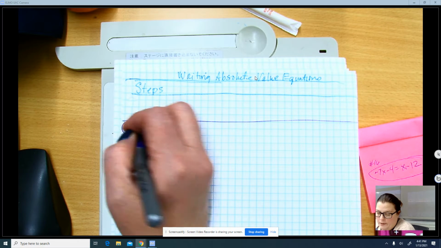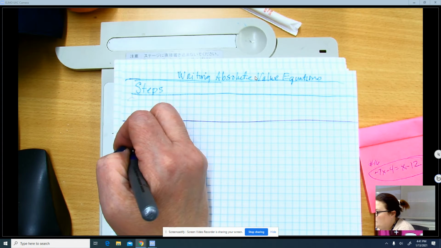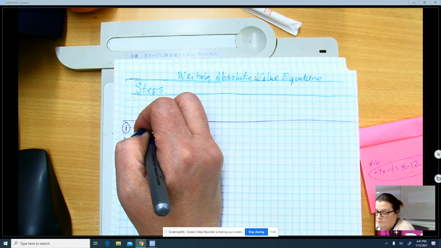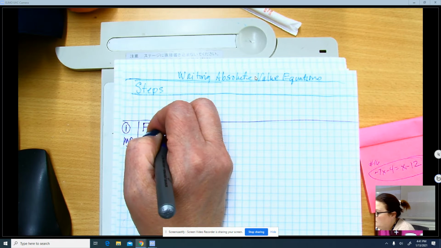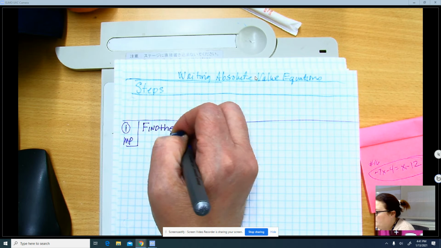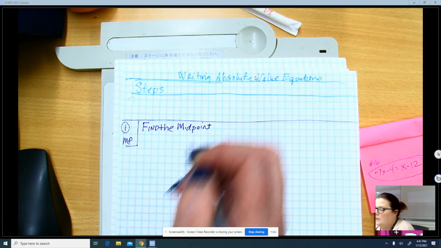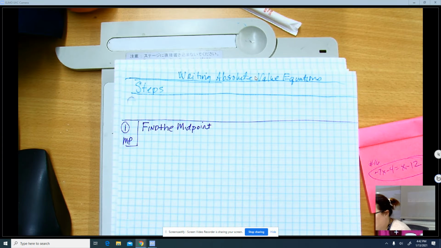So step number one, we're going to put an MP below that. We have to find the midpoint. And in some examples, the midpoint is going to be provided for us in the actual word problem, and other times we will have to locate it ourselves.